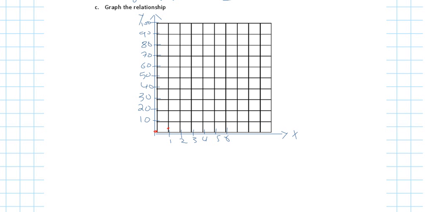Okay? So 2, 9 is close to the 10. 3, what was 3? 27. What's 4? Okay? So you see this jump in. Where's the last part?